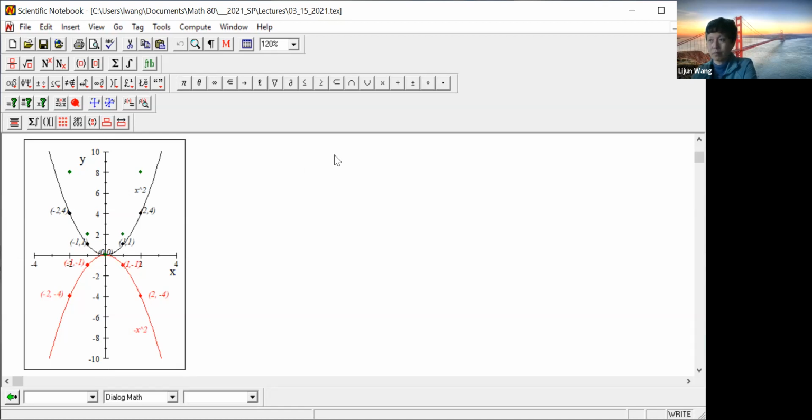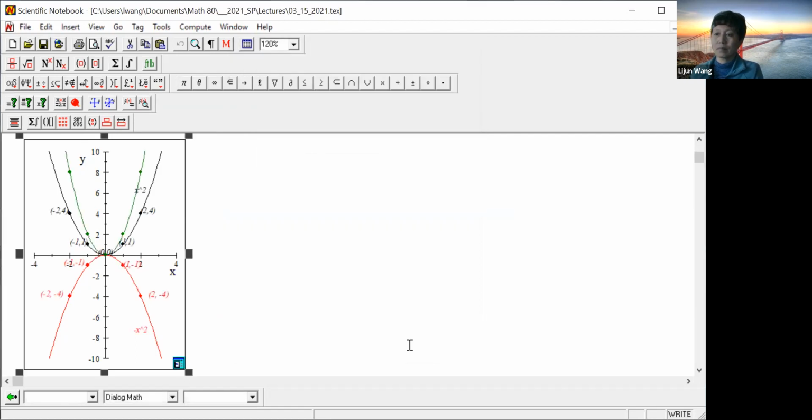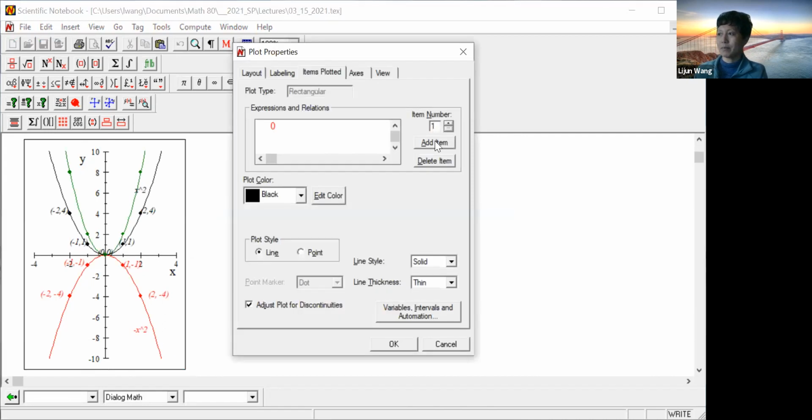Thinner. If we connect the dots, 2x squared with green. Do you see that? So let's mark it.